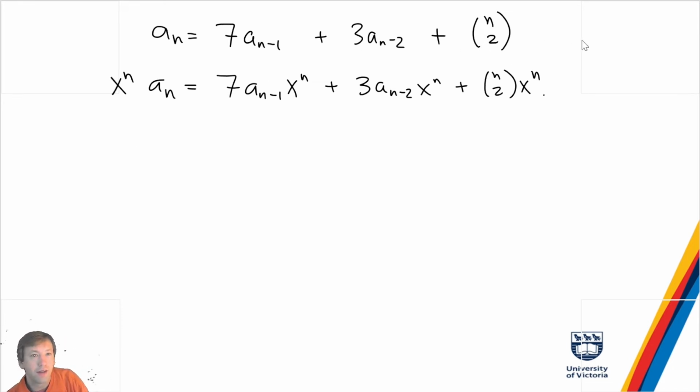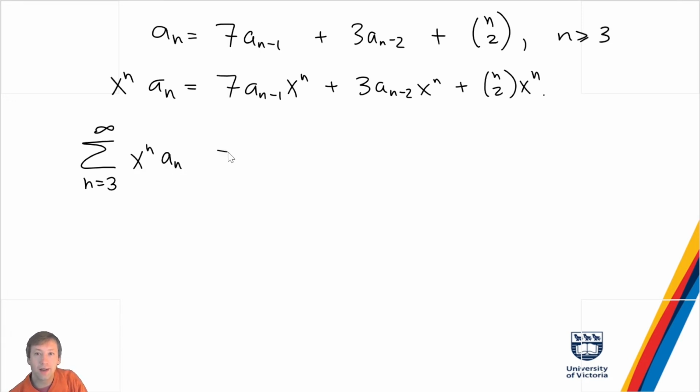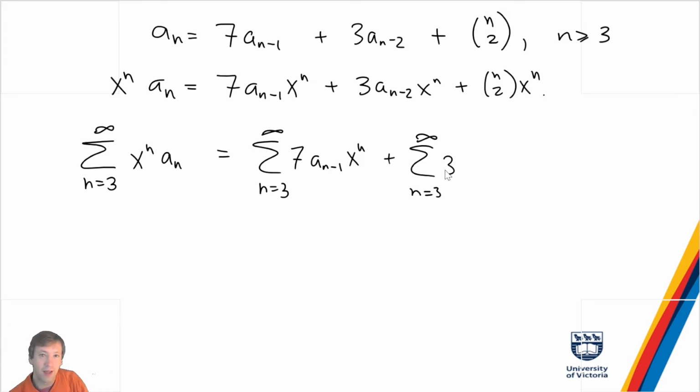But let's say, for example, this recursion was only valid for n at least 3. Then what I would do here is sum this over all n at least 3. So I'd sum from n equals 3 to infinity x to the n an, and I'd say that's equal to the sum from n equals 3 to infinity of 7 an minus 1 times x to the n, plus the sum of 3 an minus 2 x to the n, plus the sum from n equals 3 to infinity of n choose 2 x to the n.